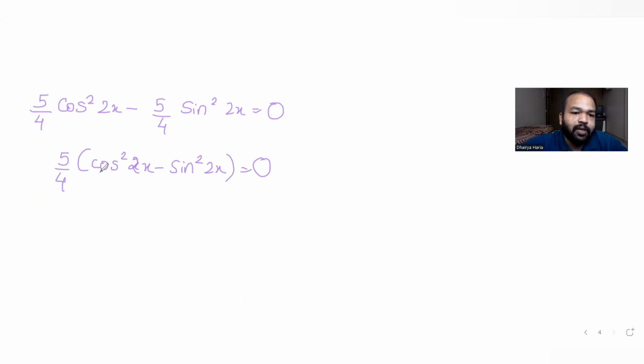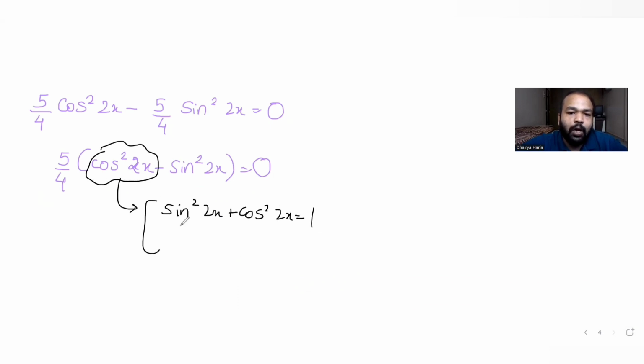What I get here is cos square 2x. By the identity, sine square 2x plus cos square 2x is 1. So cos square 2x becomes 1 minus sine square 2x.